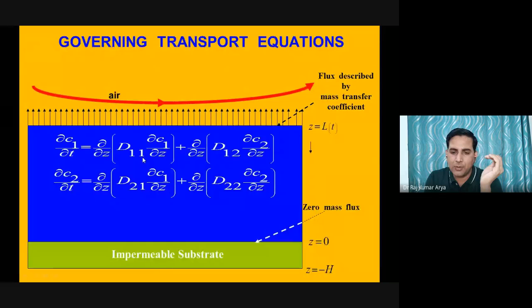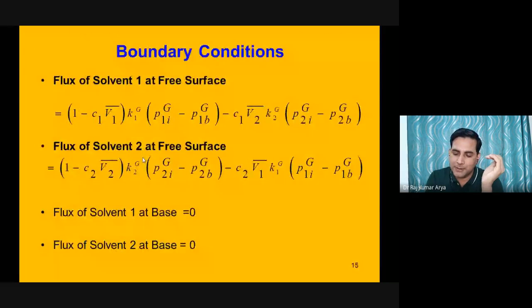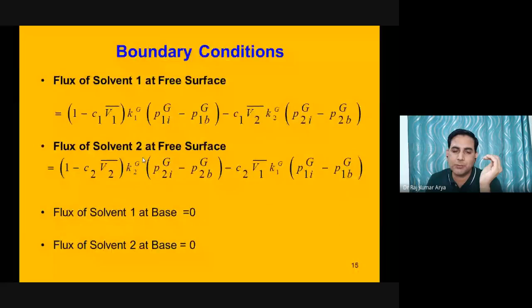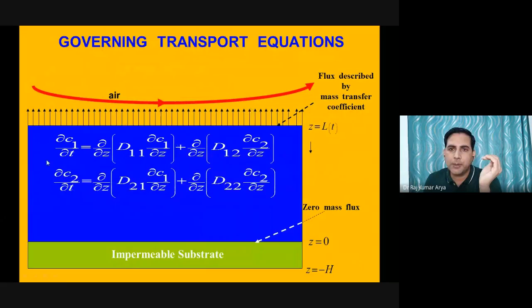So once we have model equations, we need to solve them. If you can see, these are coupled partial differential equations, one for solvent 1, one for solvent 2, and the other one is for thickness 1. The thickness equation is an ordinary differential equation, and the solvent equations are partial differential equations, which are coupled and cannot be solved individually.